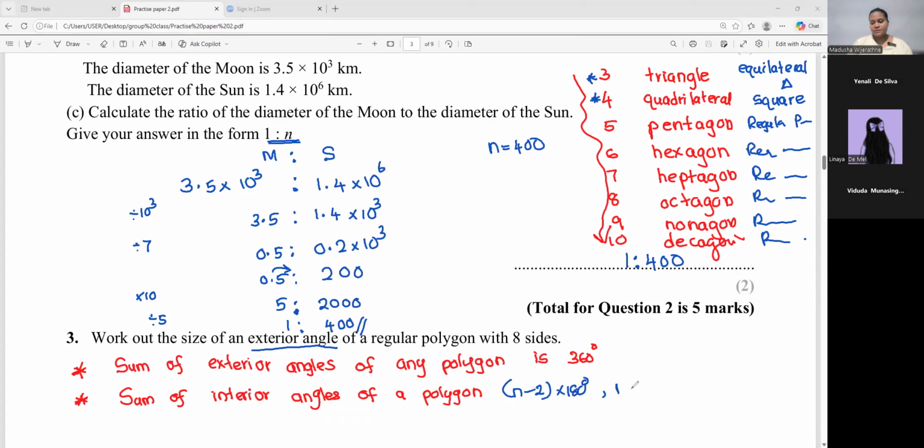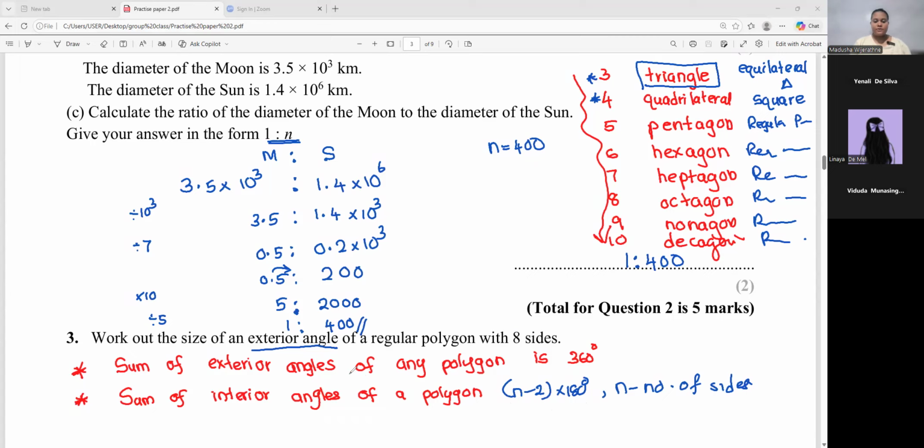Here n means the number of sides. If there are 3 sides, then this is 3 minus 2 into 180. 3 minus 2 is 1, 1 times 180 is 180 degrees. That's why the sum of interior angles of a triangle is 180. So we can use it for any polygon.